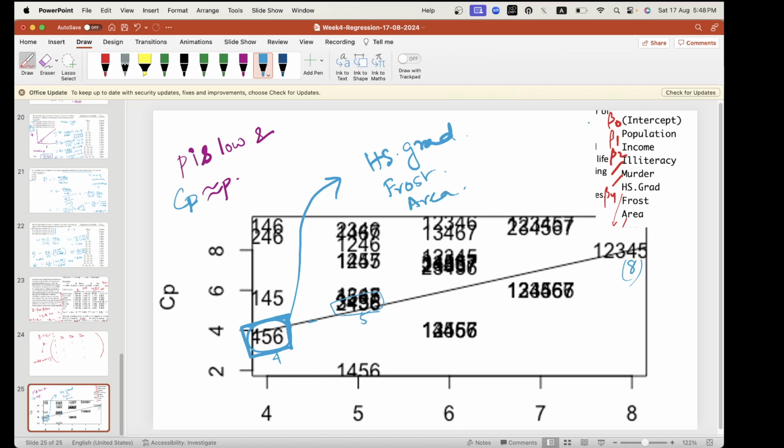So then out of this pool of 8 predictors, or rather I would say 7 predictors, we see that if we take these 4, 5 and 6, HS grad, Frost and Area, then we are good enough, because the mean error of prediction which Cp predicts is actually as good as fitting the entire model.